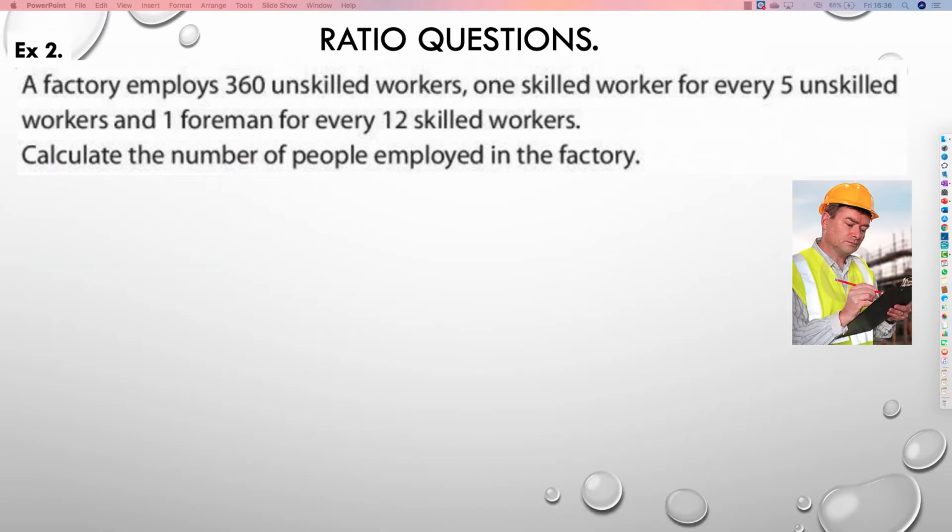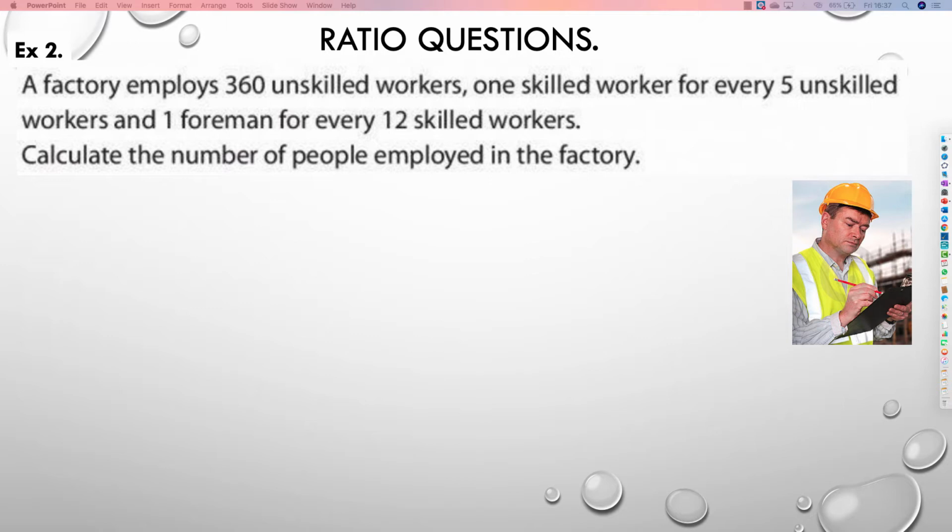Right. A factory employs 360 unskilled workers, 1 skilled worker for every 5 unskilled, and 1 foreman for every 12 skilled workers. Calculate the number of people employed in the factory. So what are we going to do first of all? Find the ratio.